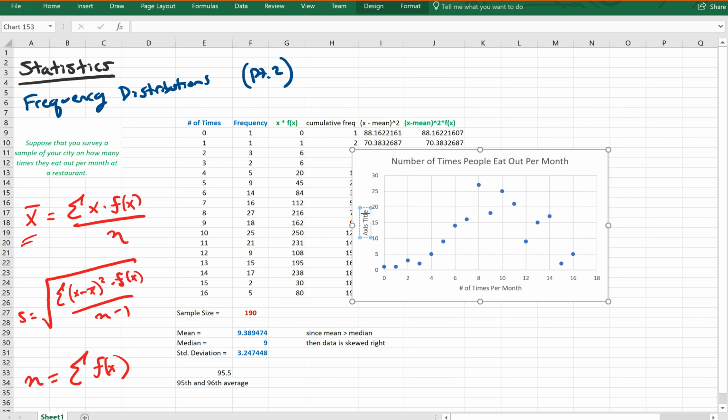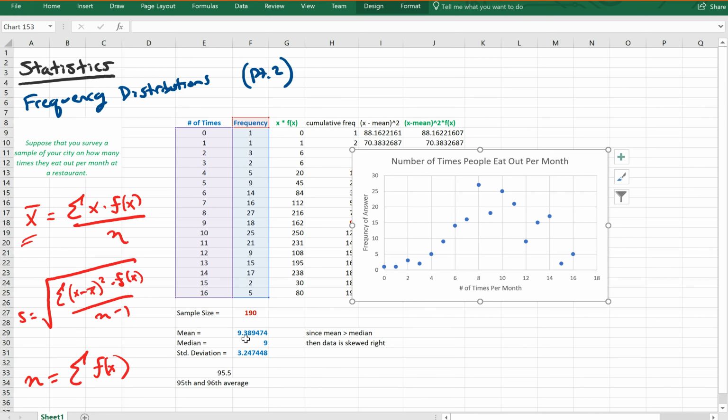Where'd it go? So that's going to be the number of times, or the frequency of answer. And that's pretty much a scatter plot or a frequency distribution graph.